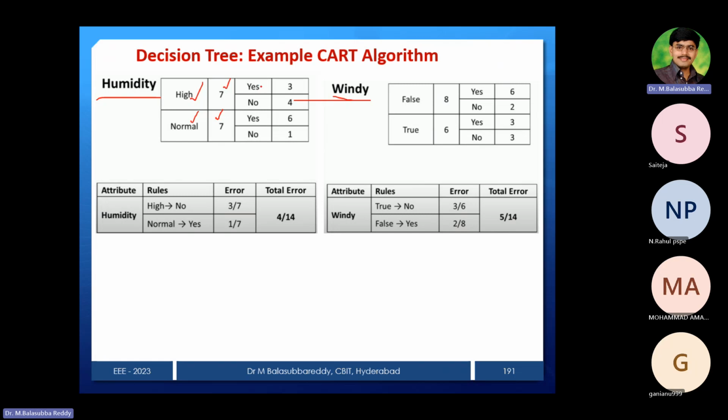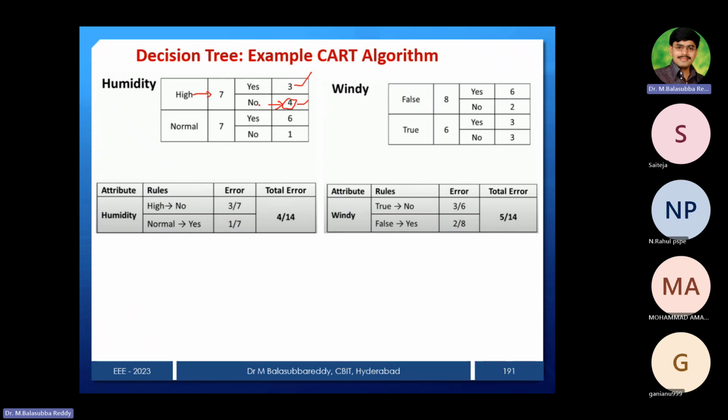In that, yes are 3 and no's are 4. Now anyone can tell me what rule I have to write for the high case: the one having the highest number, we consider as the rule.